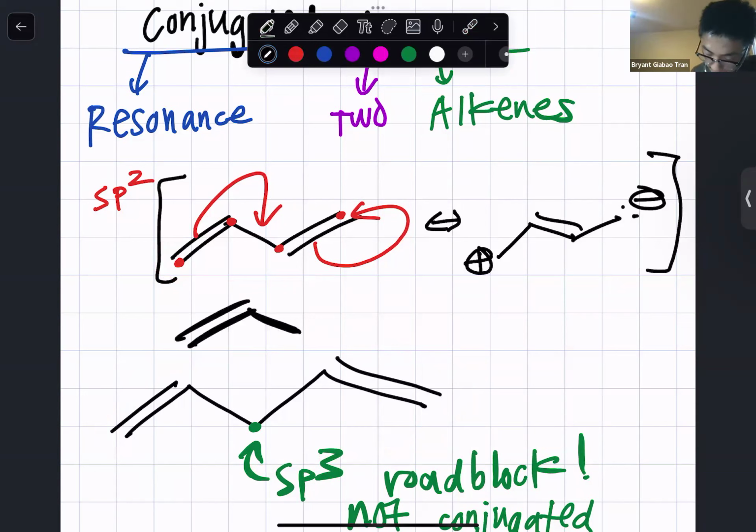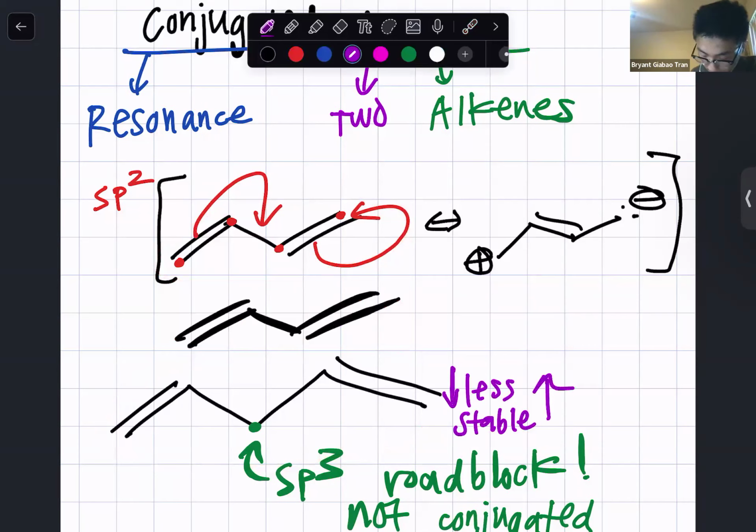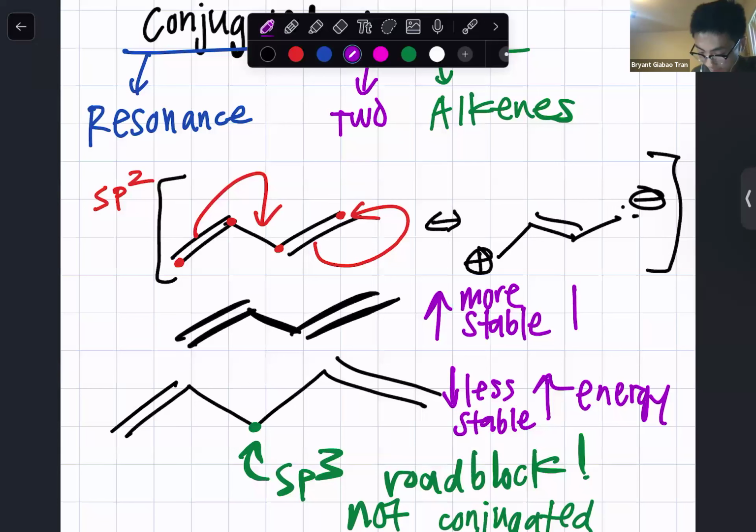And the question he might ask is like, which one has more energy? The one that has more energy is the one that is less stable. We said that this is less stable because it cannot do resonance, not conjugated, meaning that it has more energy. This one is more stable because it is conjugated and it could do resonance, meaning that this has less energy.